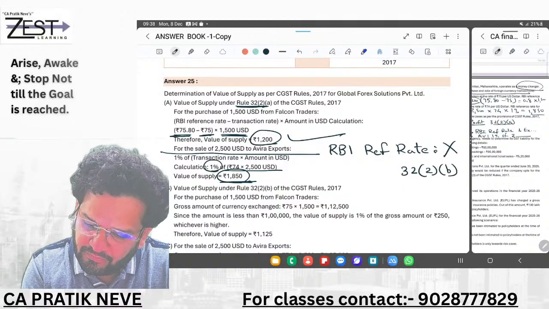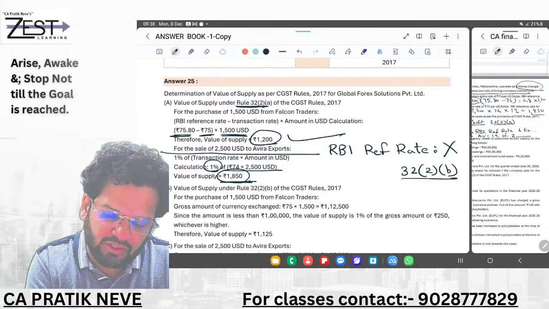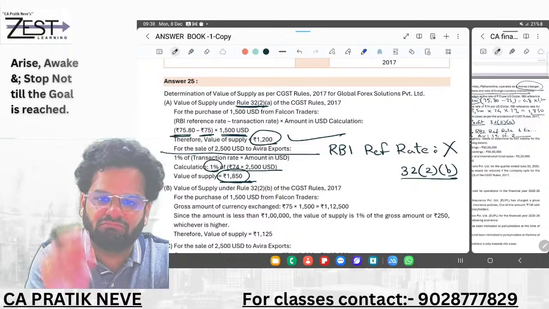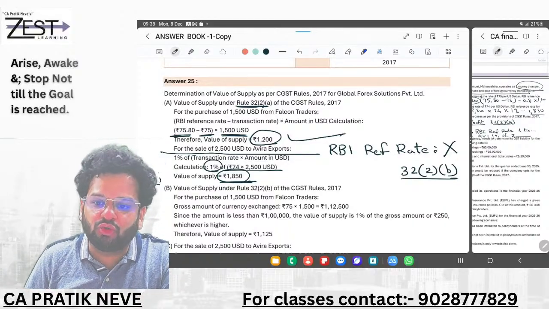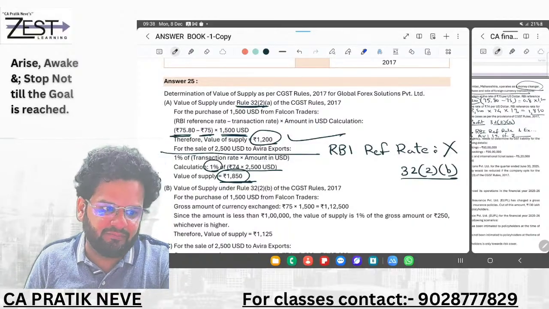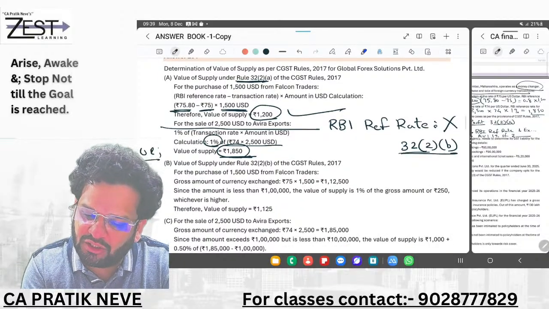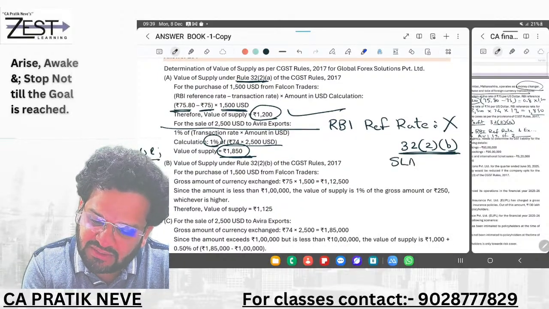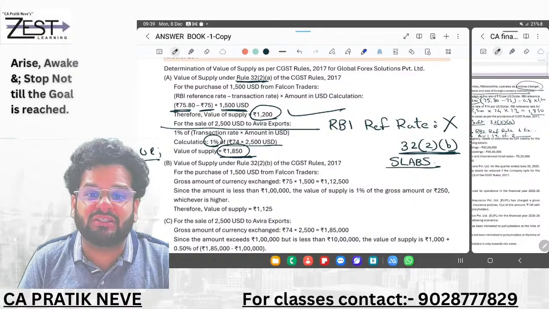32(2)(b). So you can do this or this as a dealer, either of the two you can select. But how to do valuation in 32(2)(b)? It is as per slabs. Now what are those slabs?